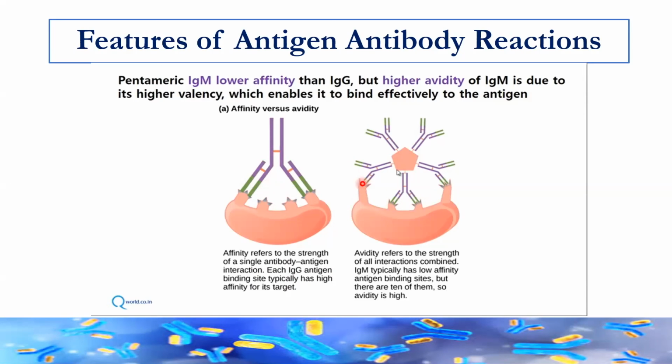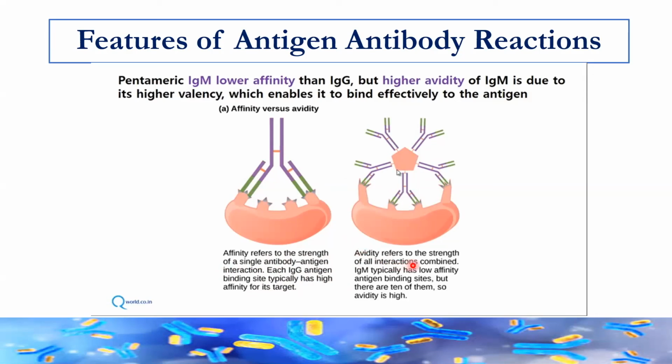This is because the number of binding sites with IgM are more. So I'll read out now. Affinity refers to the strength of a single antibody antigen interaction. Each IgG antigen binding site typically has a high affinity for its target. It has a high affinity, a good fit to the target.